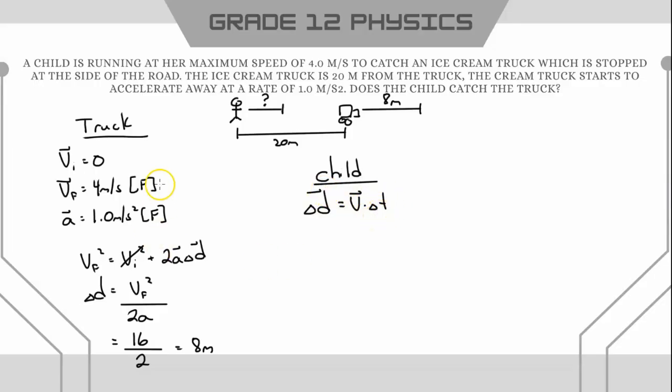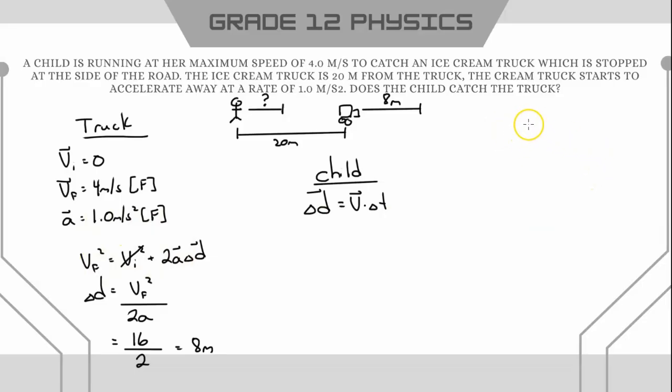To figure that out, we're going to have to go back to the truck and see how long it's taken for the truck to go from 0 to 8 meters, or from 0 meters per second to 4 meters per second. Now it's pretty easy to see that it's going to be 4 seconds because it accelerates at a nice 1 meter per second squared. But let's just go on this side and use some equations just to be sure.